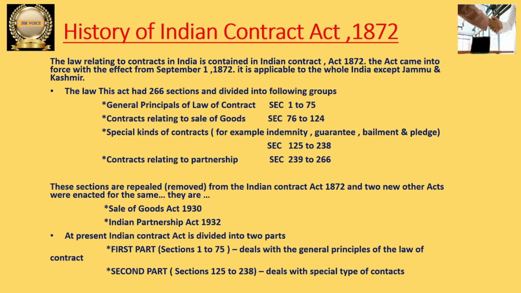Let us discuss it. The Indian Contract Act is related to contracts and their rules: how to frame contracts and what the rules of those contracts are. All of these are mentioned in the Indian Contract Act 1872, which came into force in India on September 1st, 1872.